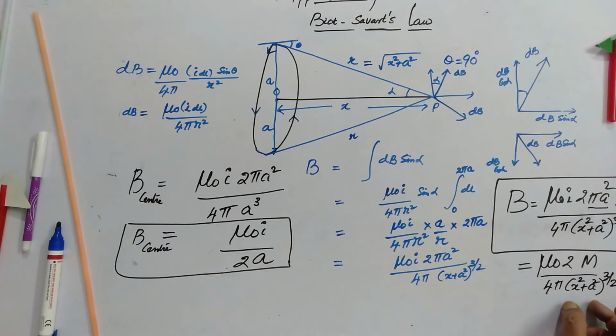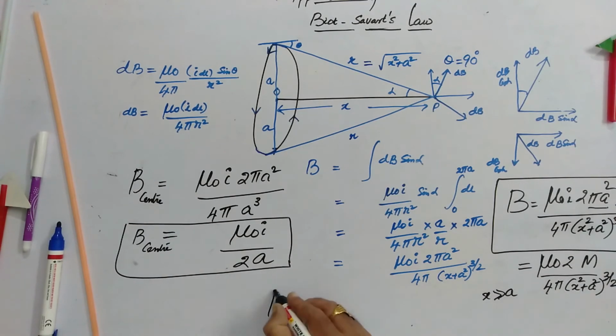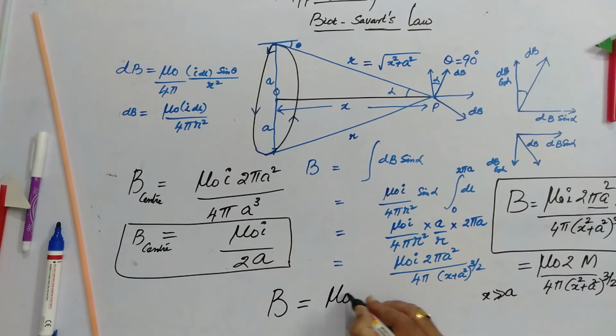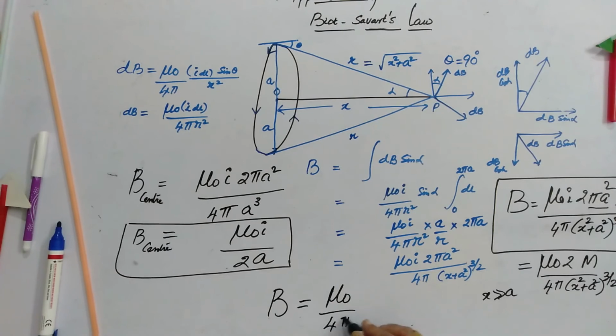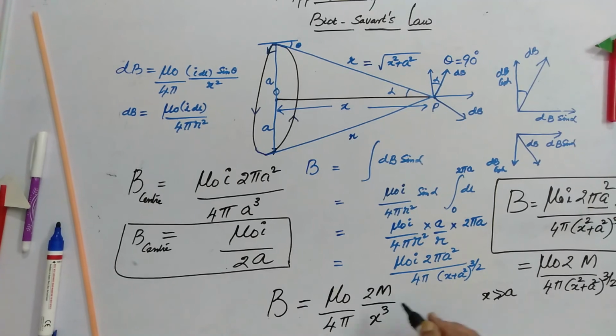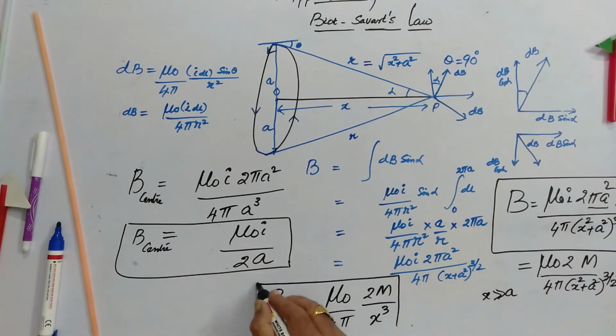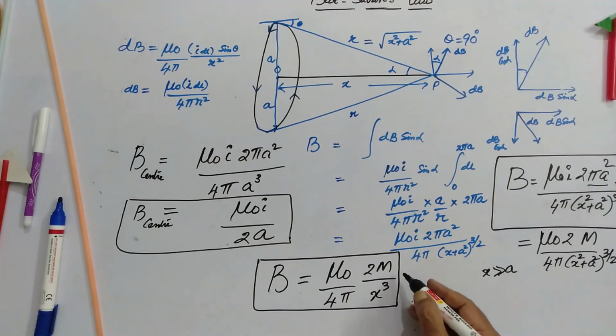Now, suppose the point is far off from the center, that means x is far greater than a, then this a can be neglected. At that time, it becomes B is equal to mu naught by 4 pi times 2m by x cube. If you look at this result, it can be compared.